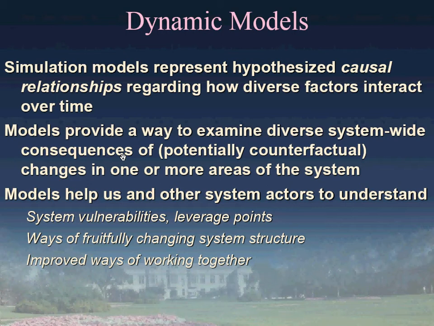So these models are designed to help us and other system actors to understand vulnerabilities, leverage points, where we can change things most effectively, where we might be especially vulnerable to uncertainties or to exogenous factors that we can't control, like the state of the economy, ways that we might fruitfully change how the system works.